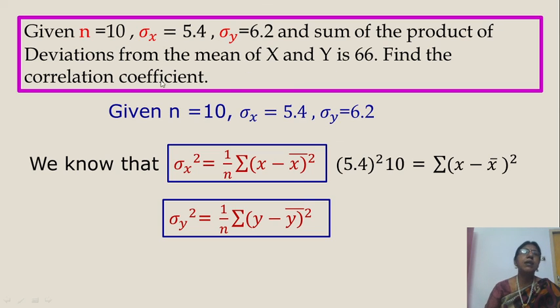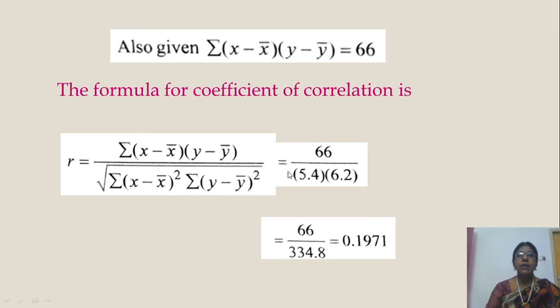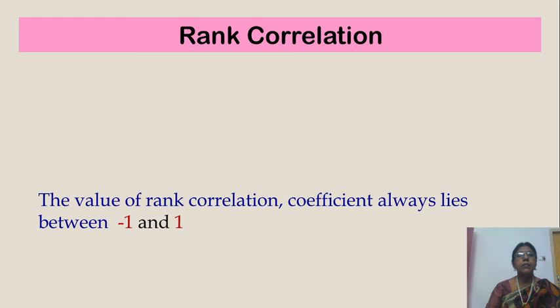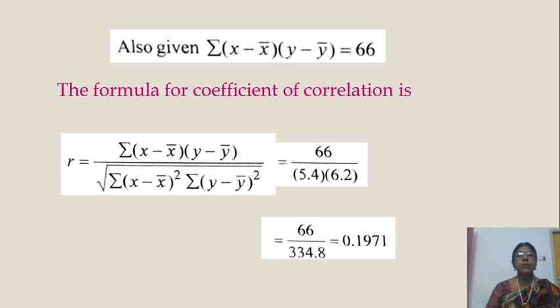Now that is equal to 10 into 66 by 5.4 into 6.2. Finally you get the value 0.1971.